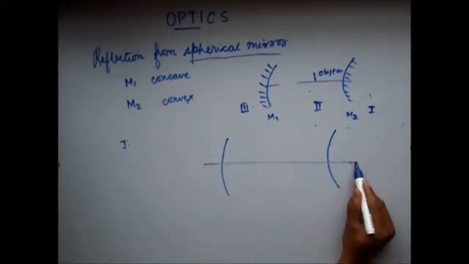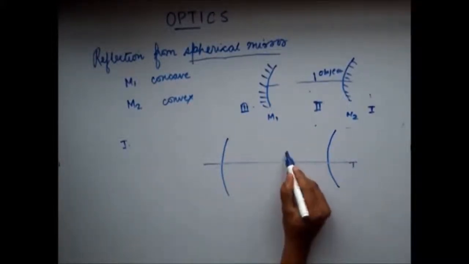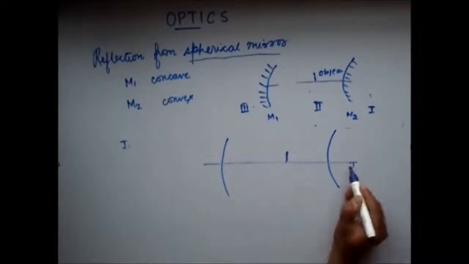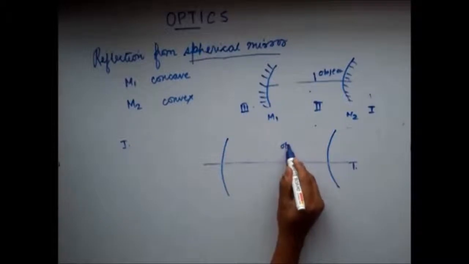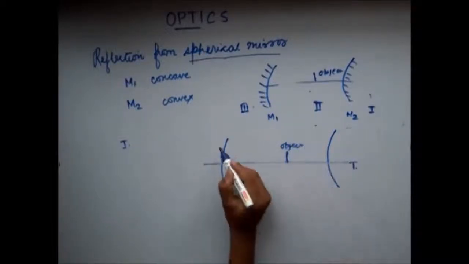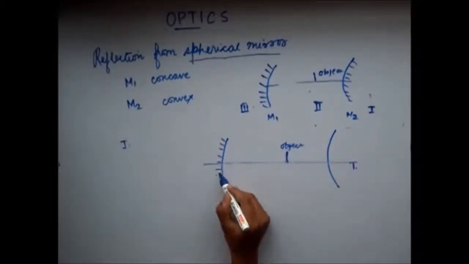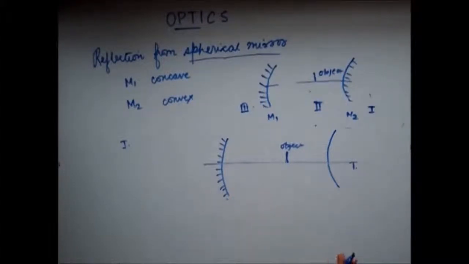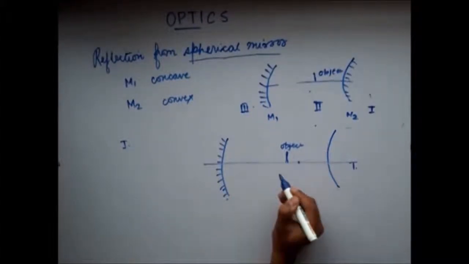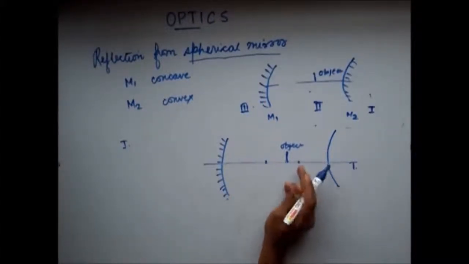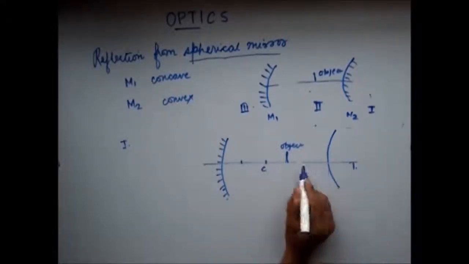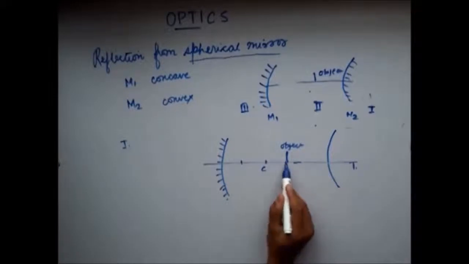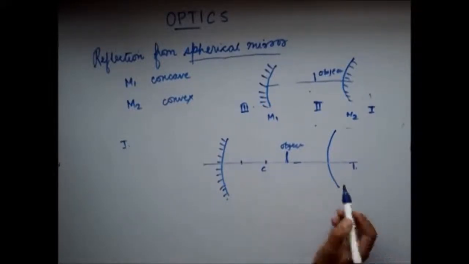The intermediate image is formed here, away from the object. What does that mean? It means that my object is placed between infinity and center of curvature, because when the object is placed away from the center of curvature, the image is formed away from the object.